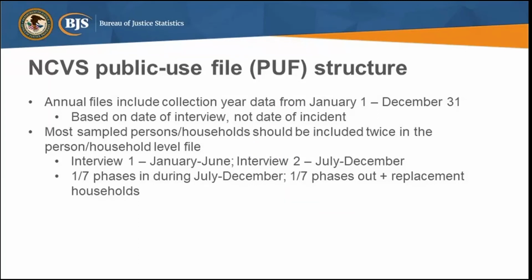So in the data files, interview 1 is January through June, and interview 2 is July through December. 1/7 of the sample phases in during July through December, and 1/7 of the sample phases out, along with the addition of replacement households or when a new family moves into a sampled household. Keep in mind then that every person or household won't have 2 interviews in a given year, but the majority will.